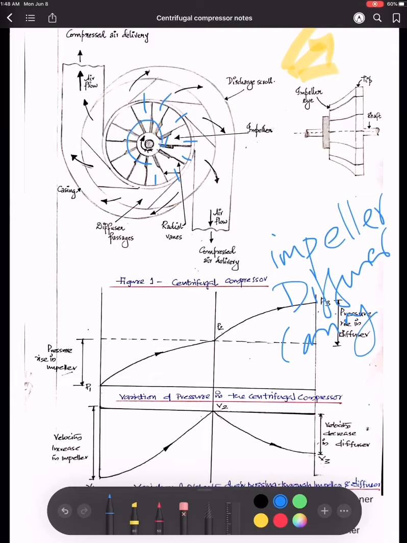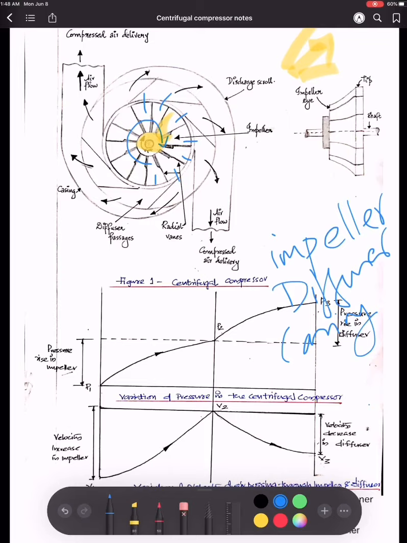As a result, a vacuum will be created at the center, and this will suck in air from the outside, and the air entered will flow radially through the impeller blades. Due to the high centrifugal force produced by the rotation of the impeller, the air moves radially outward through the impeller vanes.